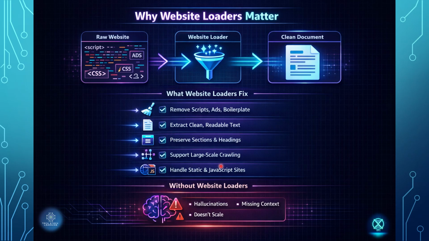They also make it possible to crawl and scrape large websites at scale, and can handle both static pages and JavaScript-based sites. Without website loaders, an LLM would either end up hallucinating answers, missing critical context from the source material, or completely fail to scale up when working with complex websites.